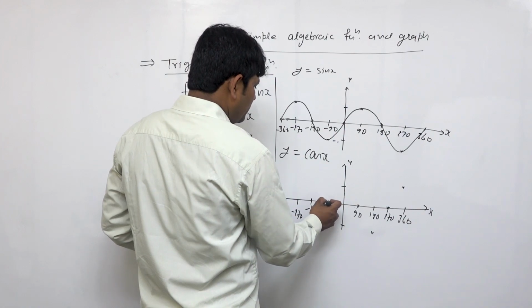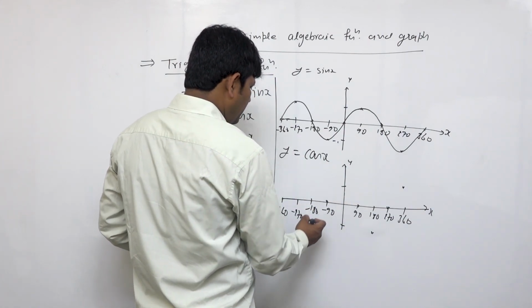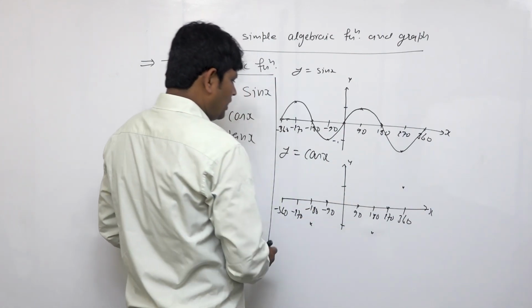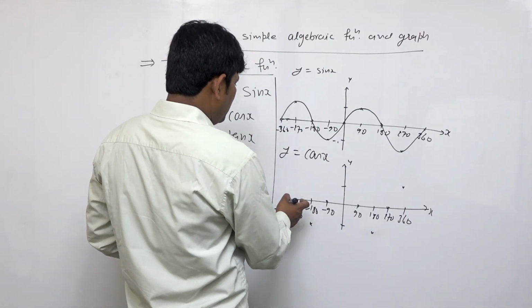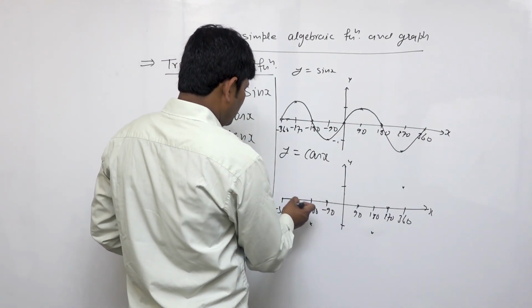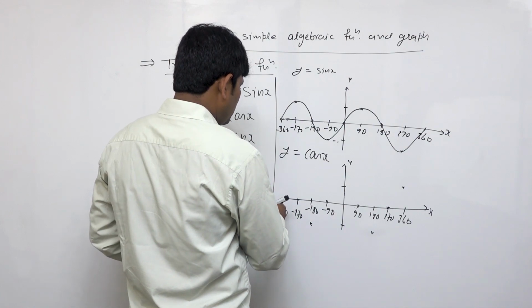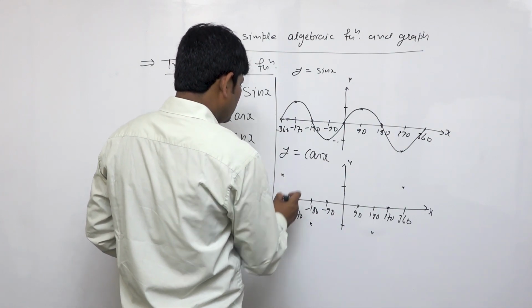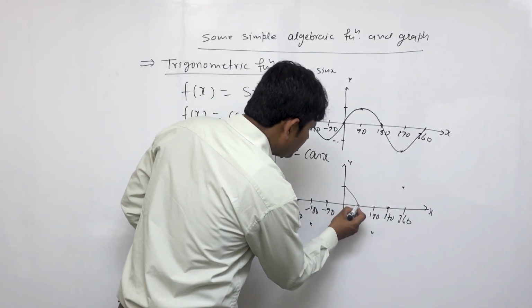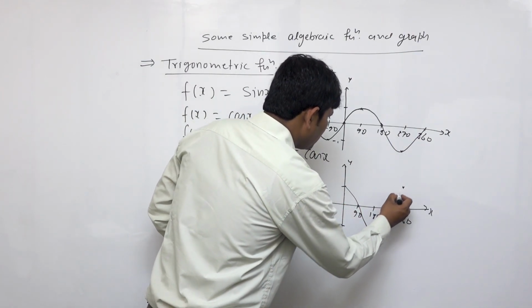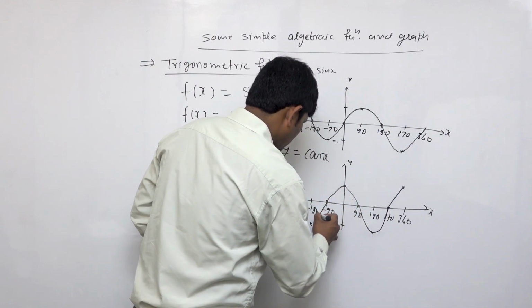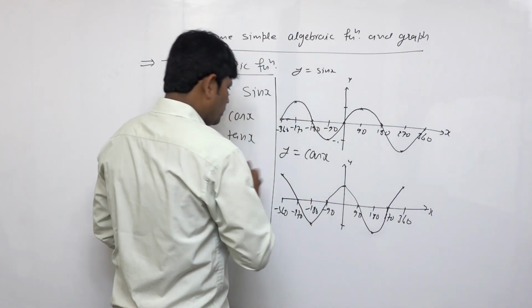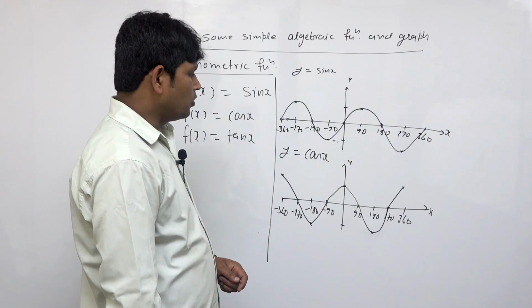Cos 360 is again 1. Cos -90 is 0. Cos -180 is -1. Cos -270 is again 0, and cos -360 is again 1. So the graph will be drawn like that. This way we can draw the graph of y is equal to cos x.